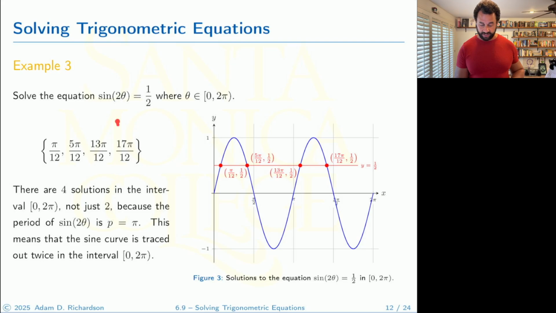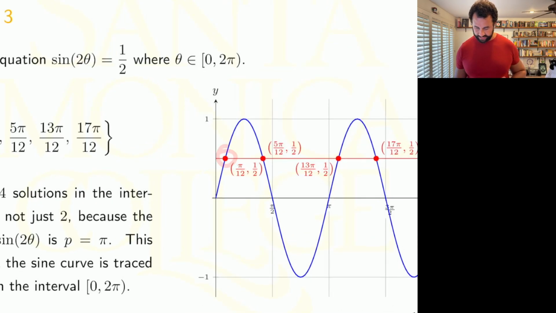So here the period has shrunk to pi, and you get 2 periods in the interval 0 to 2 pi. These are the solutions to this equation for theta. There it is. In fact, I should relabel these as theta.